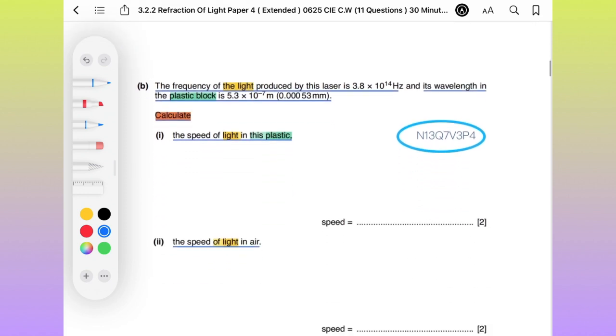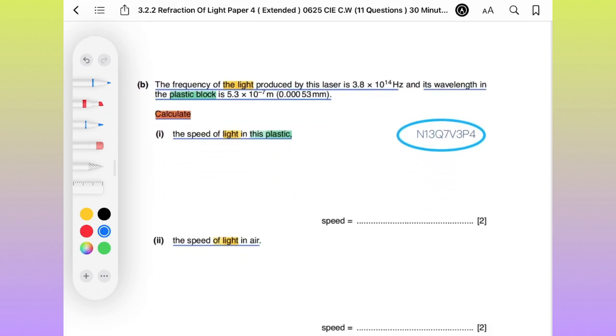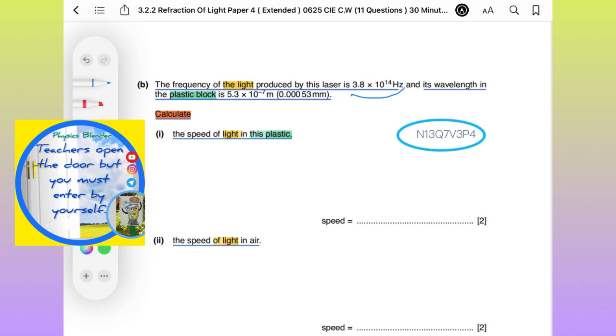The second part, the frequency of light produced by this laser is given in hertz, and check it's hertz, not kilohertz, not megahertz. And the wavelength in the plastic is given in meters. Calculate the speed of light in this plastic. You know the wave equation, v equals lambda times f.